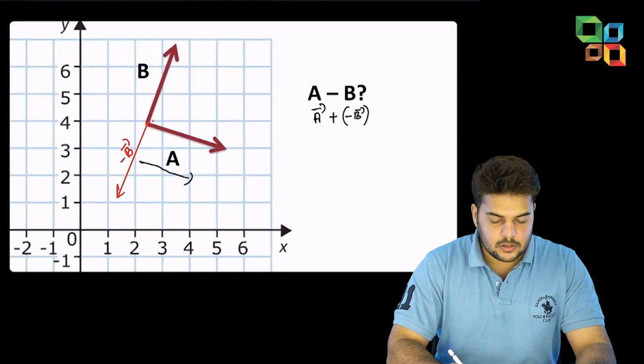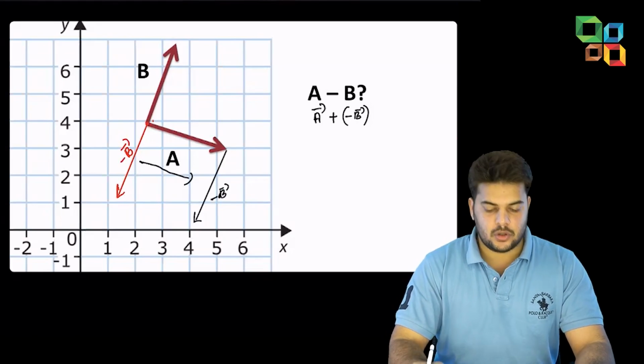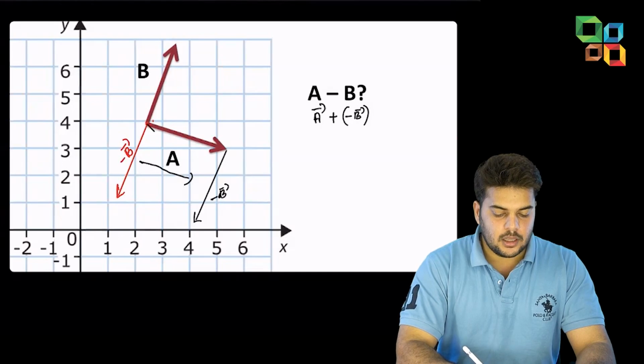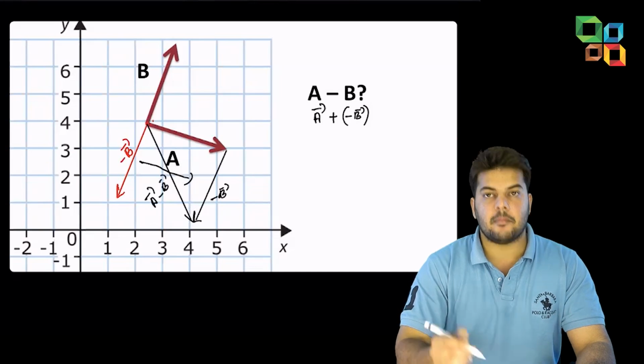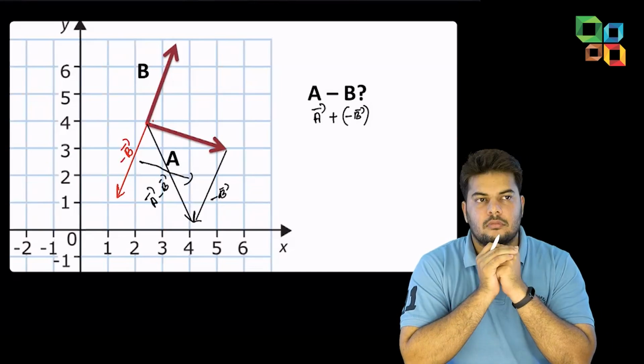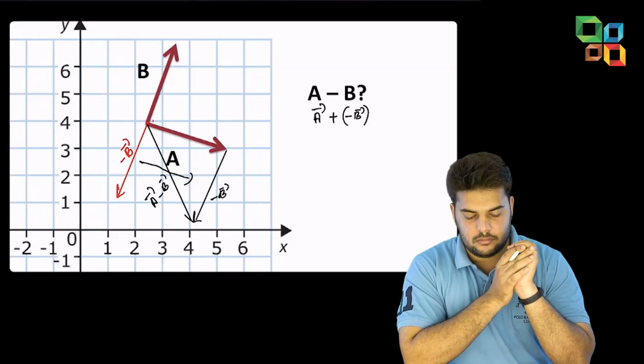So this is the negative B vector, and join the tail of the A vector to the head of the negative B vector. This is A plus minus B, which is nothing but A minus B.